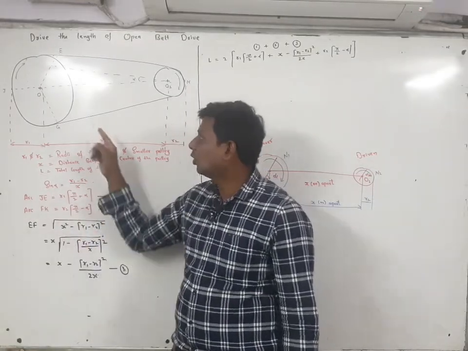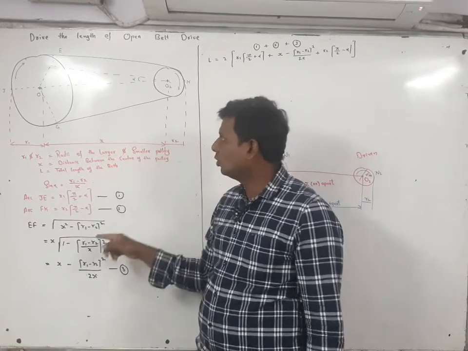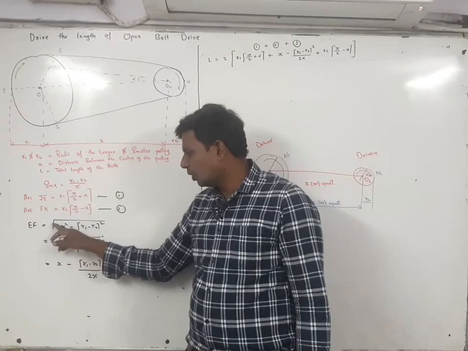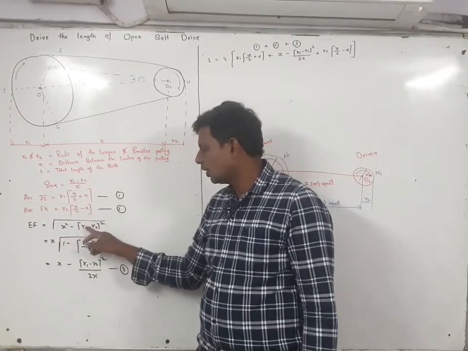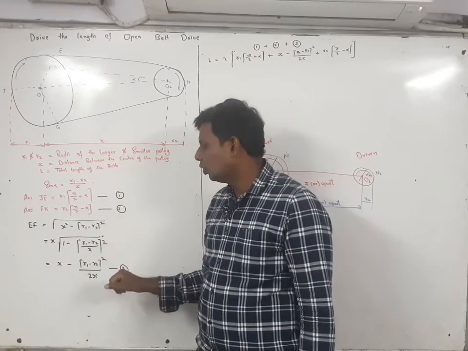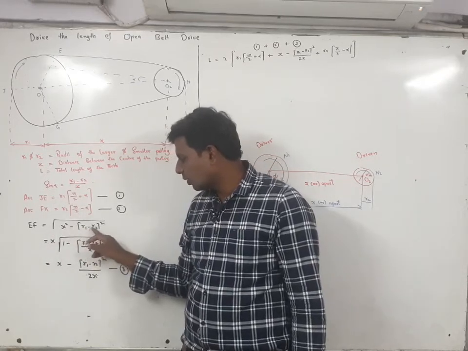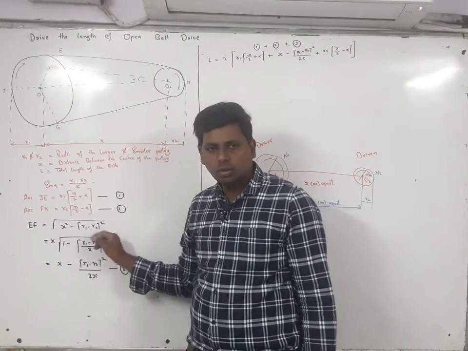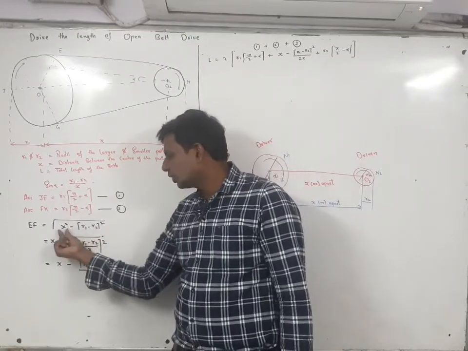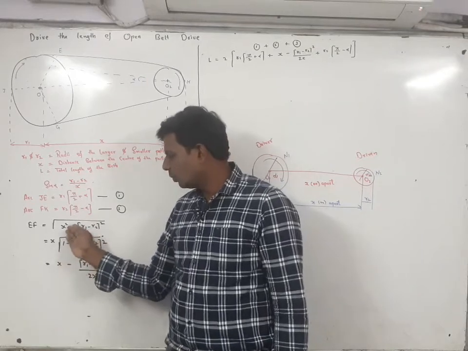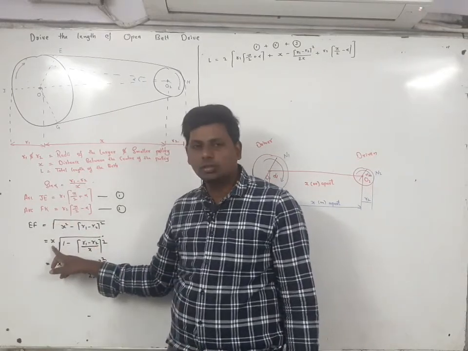After that, EF also you have to consider. What is the formula for EF? Under root of x square minus (R1 minus R2) whole square. Here x square is there; inside the root, if you bring it outside, it becomes x only.